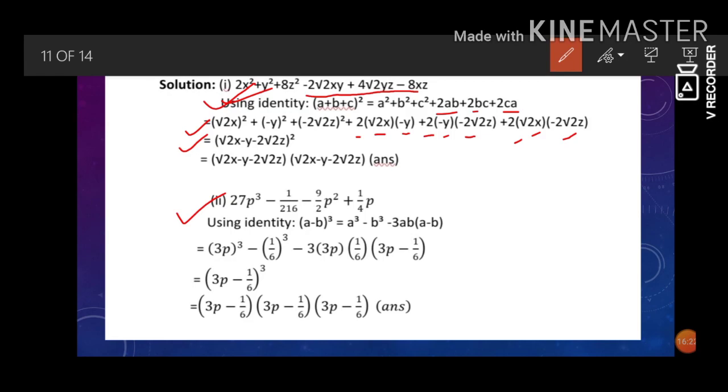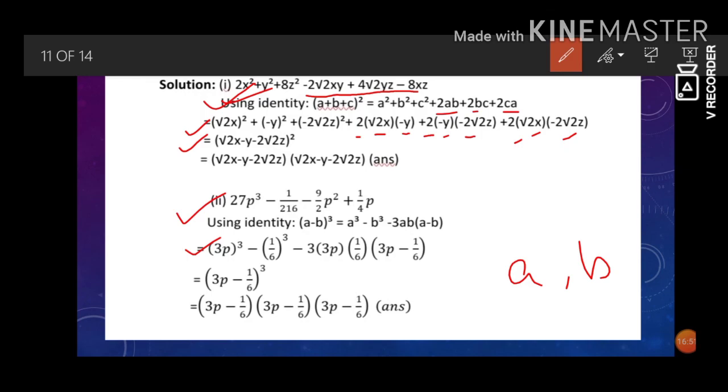We know the cube of 3 is 27, so (3p) whole cube is the first term, and the cube of 6 is 216, so it is written as 1 by 216, which can be written as (1 by 6) whole cube. Now we have already found out a and b. The rest we will substitute in the formula.